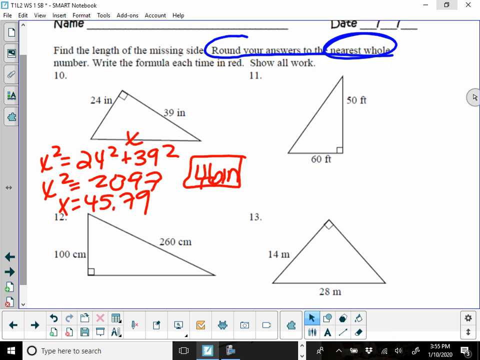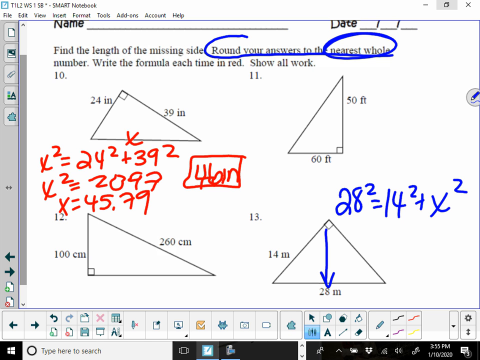That's missing your hypotenuse, so let's jump over here to number 13. This time we have our hypotenuse. So 28 squared is going to give me 784.